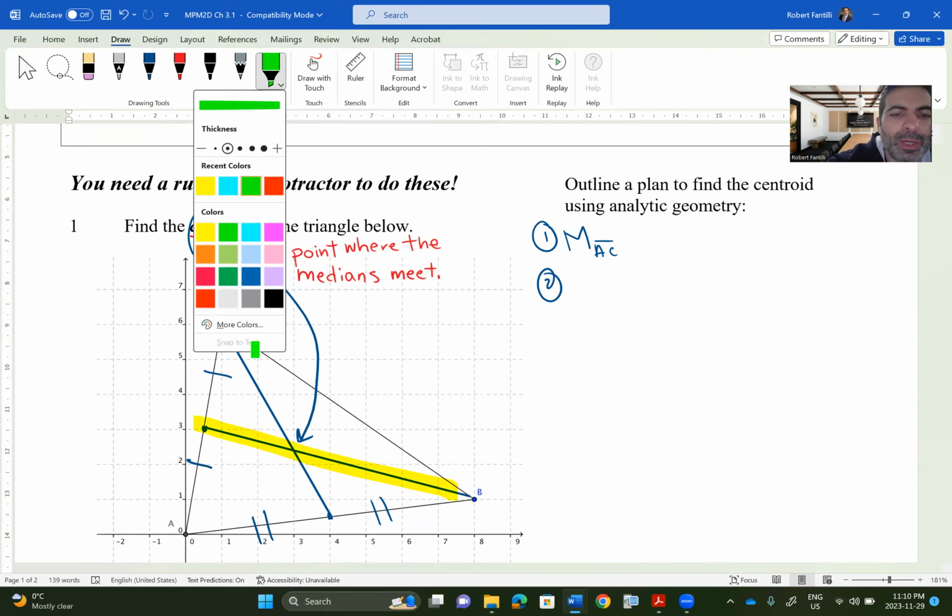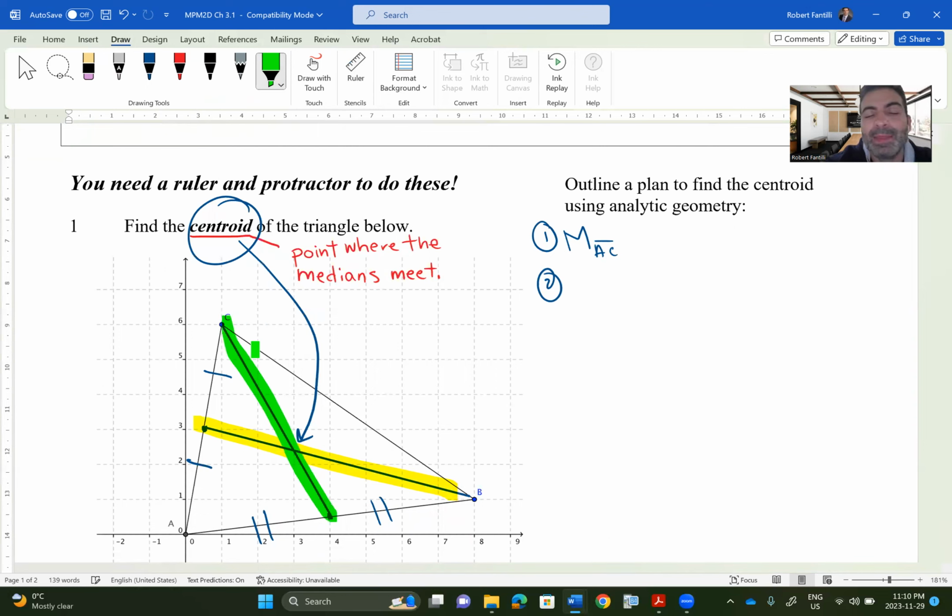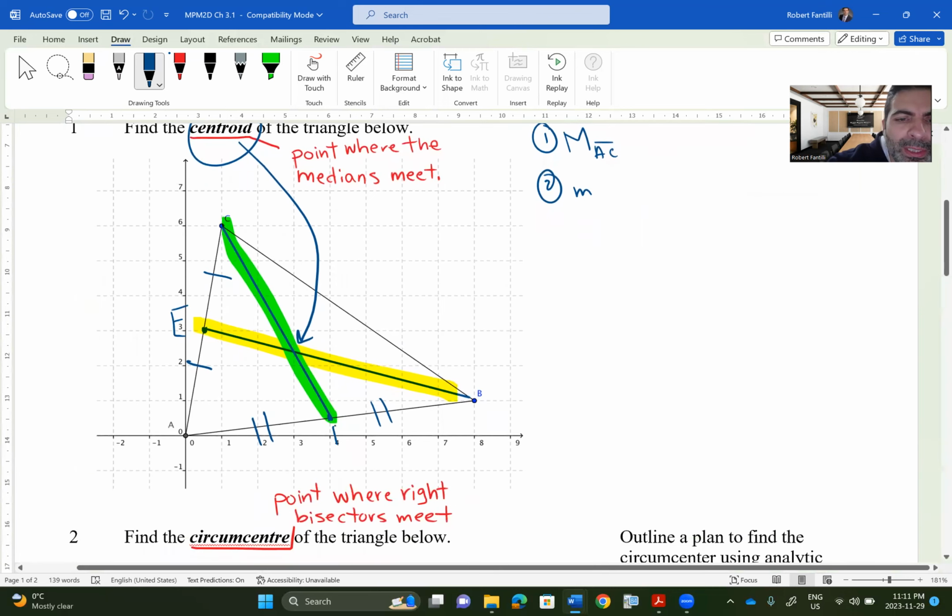Then I need to find the equation of what I'm highlighting in green. Then we're going to have to find the point of intersection between those 2 lines. In order to find the equation of the yellow line, I'm going to find the midpoint of AC. Then I'm going to find the slope. Let me call the midpoint of AC E, and we'll call this green one here D, so D and E.